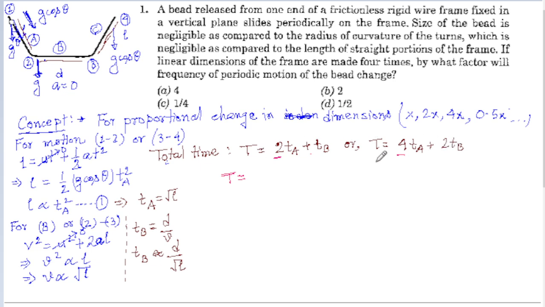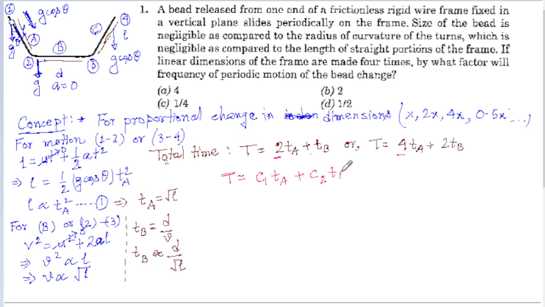So this 1, 2, 4 all are constants. Let this be a generalized constant c1. So we can say t equals c1 into ta plus the next constant c2 into tb.